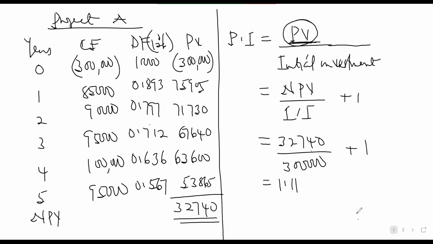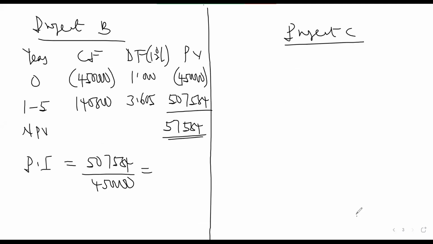Oh, okay, then A, the working sheet. Okay, that's fine. Thank you. So I can move on now. Yes. So what is the profitability index for that one? 1 point... 1.13.